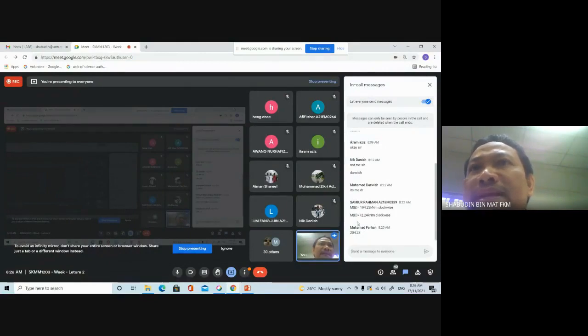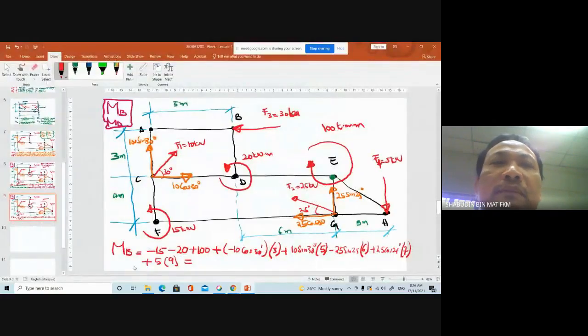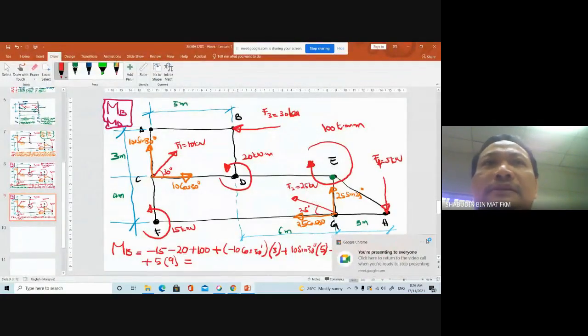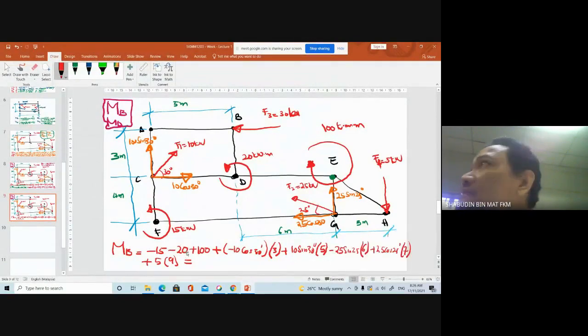M at point D is what? Get that calculation for me. Moment at point B first. Moment at point B first. Moment at point B. Tell me. Hello?